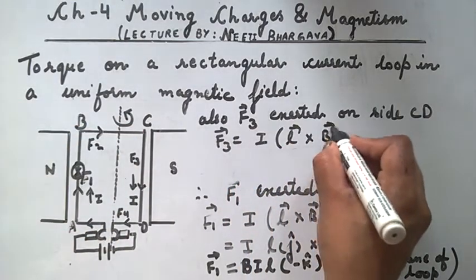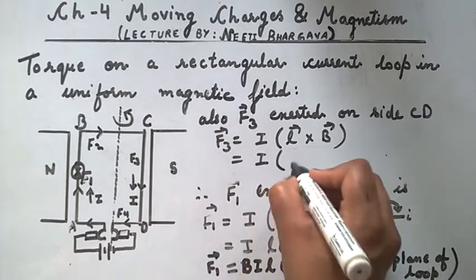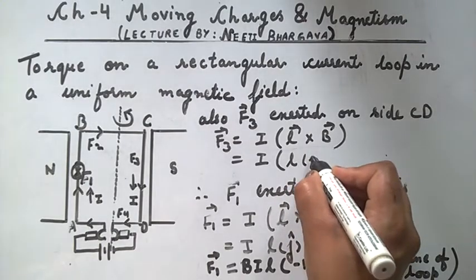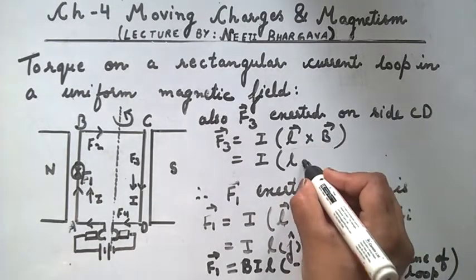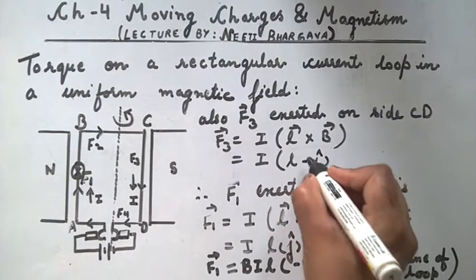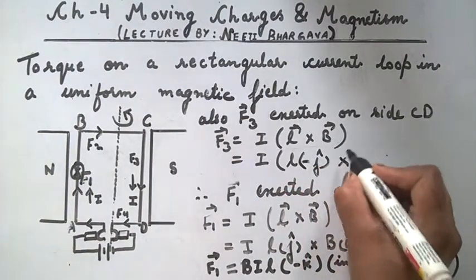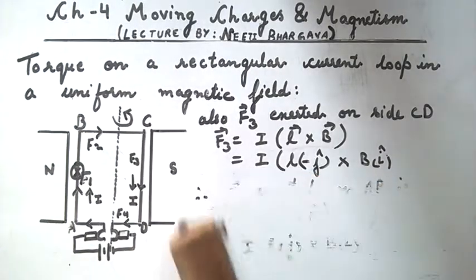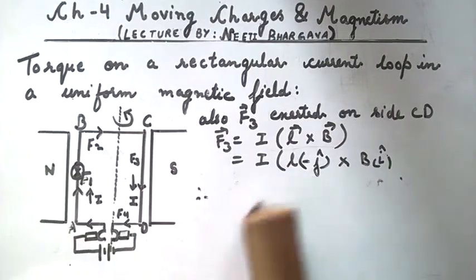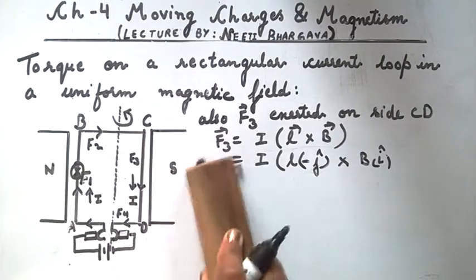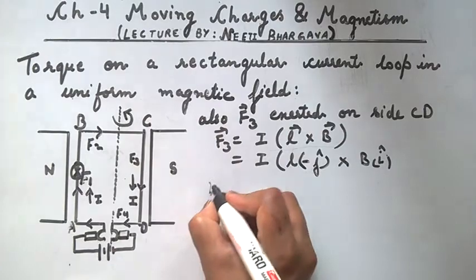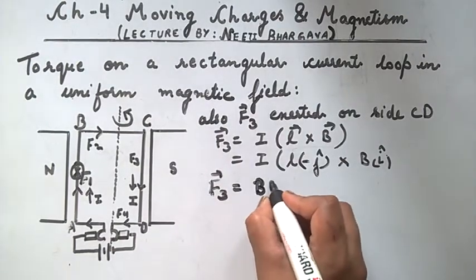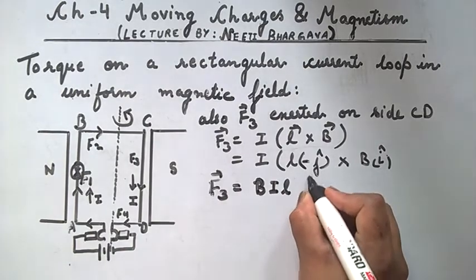In terms of direction, it is minus J cap cross B I cap. J cross I is minus K, and minus into minus is plus K. Therefore, F3 vector equals BIL K cap, that is out of the plane of the loop.